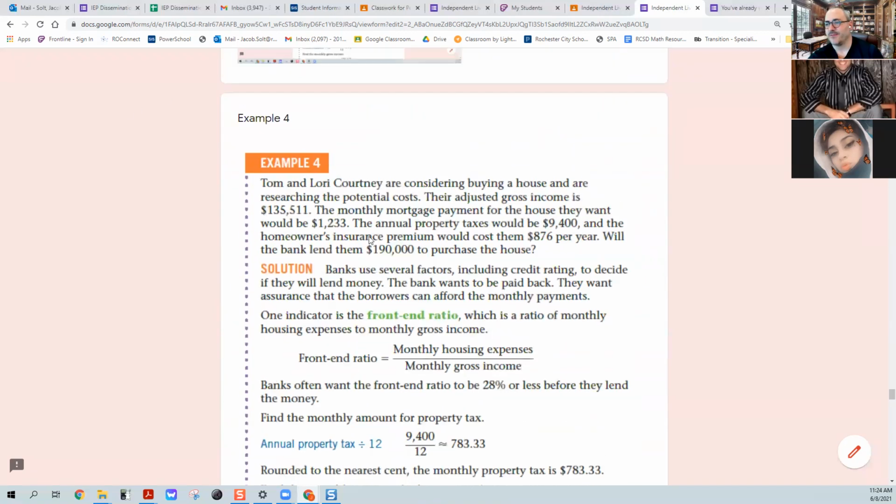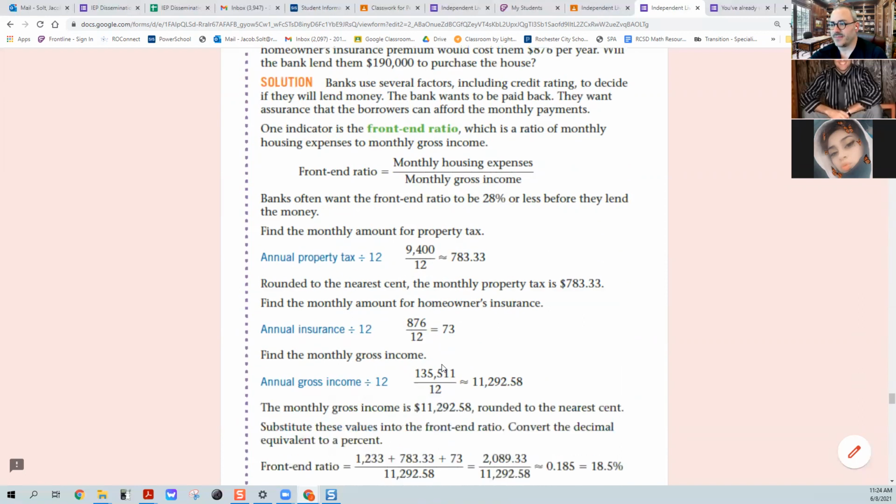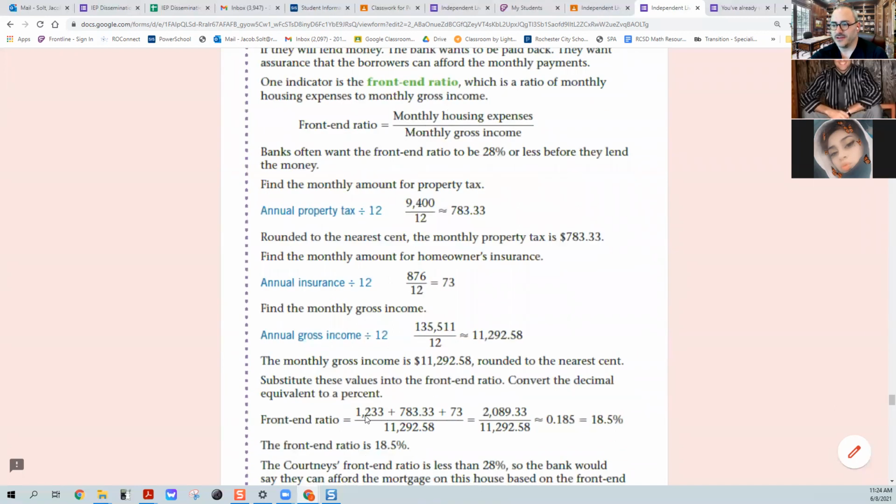All right. Example 4. This is just a review of what we did yesterday. This was the front end ratio. To calculate the front end ratio, you take the total monthly housing expenses, you divide it by the monthly gross income, and you'll get a number, right? In this case, they took the mortgage payment, $1,233 per month, plus the taxes per month, $783.33, plus $73 per month for homeowner's insurance.